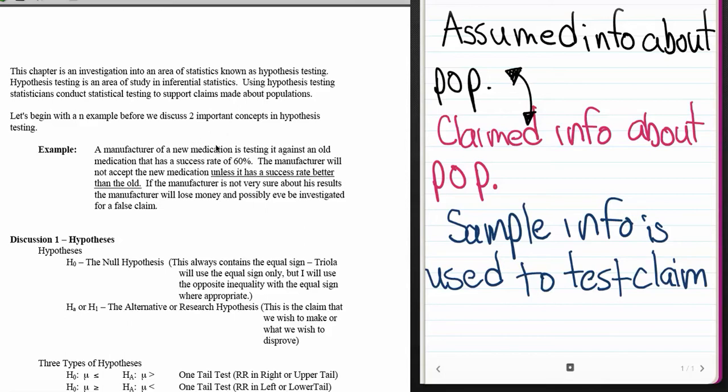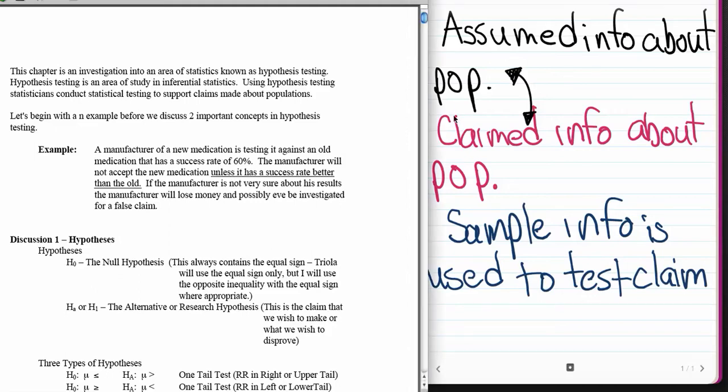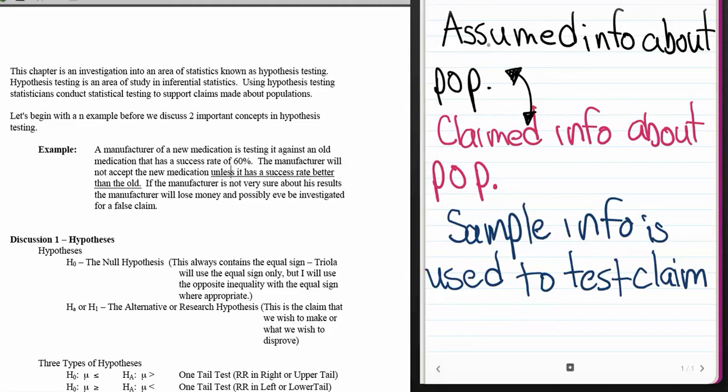So our example says a manufacturer of a new medication is testing it against an old medication that has a success rate of 60%. So that is the assumed information here. This is assumed, that the success rate is 60%.